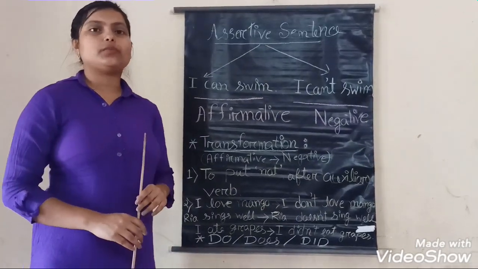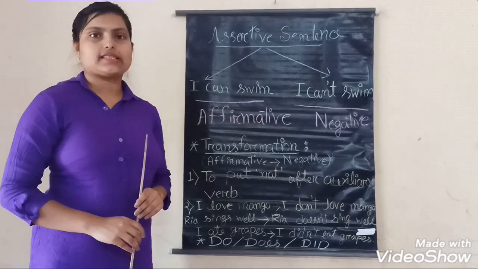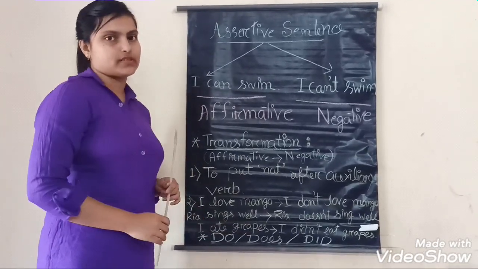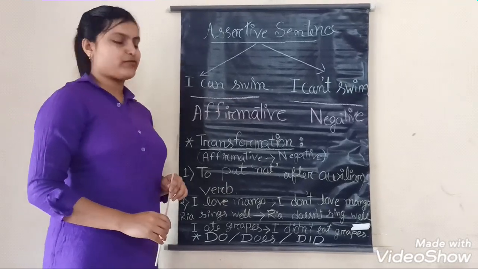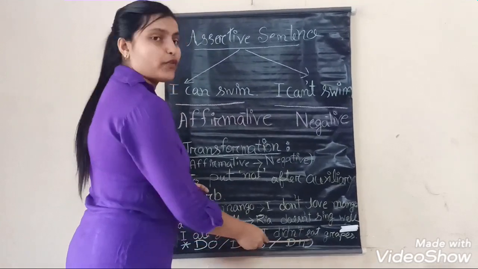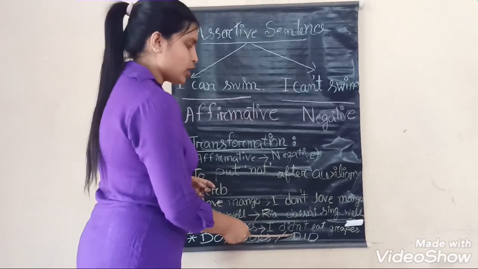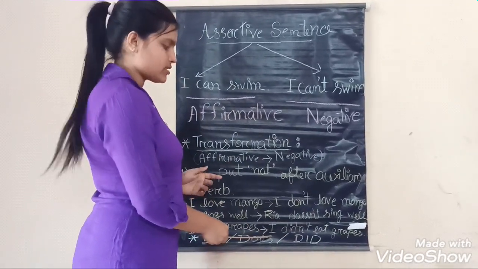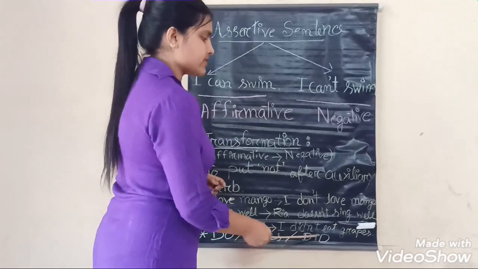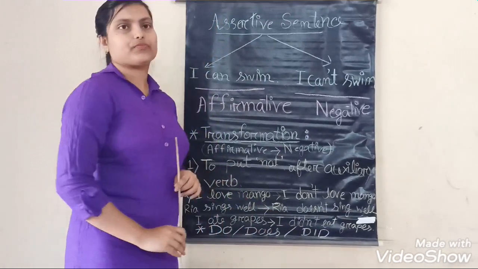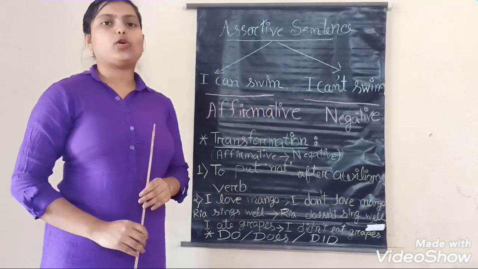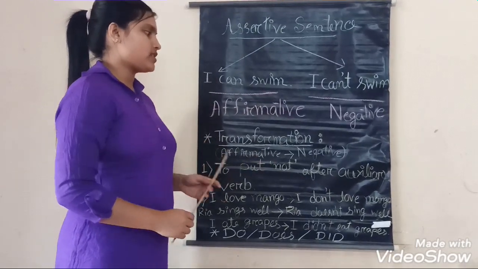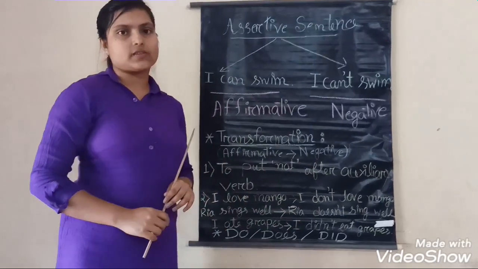And if the main verb is given in the past tense, like here, I ate grapes, in this case, we have to put did before the main verb and with it, we will add a not. So here, our answer has become I didn't eat grapes. I hope you have understood the transformation of affirmative sentences into negative sentences.